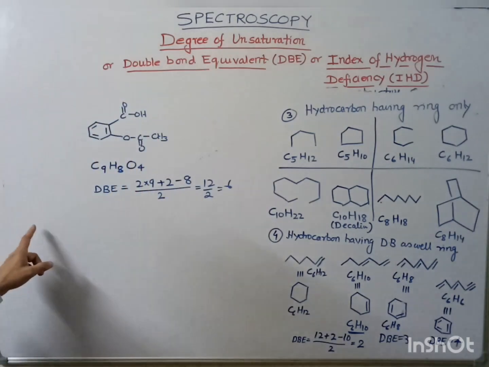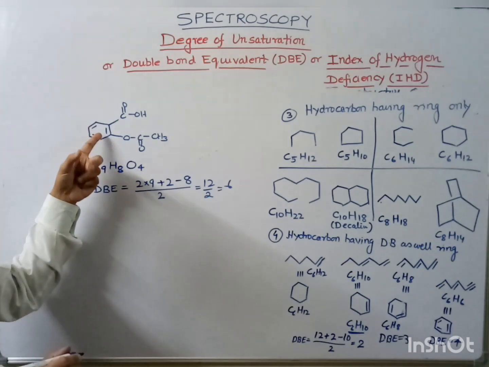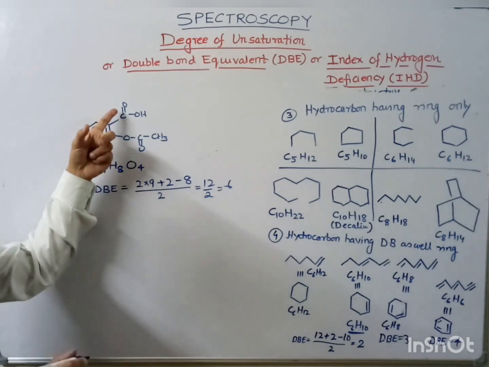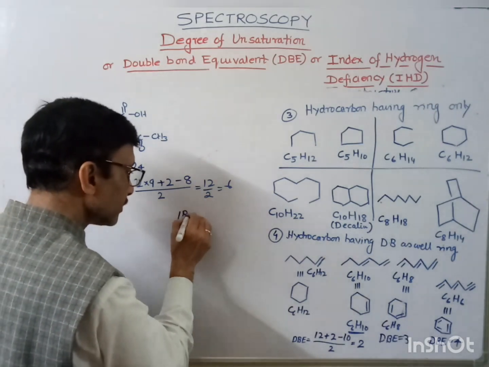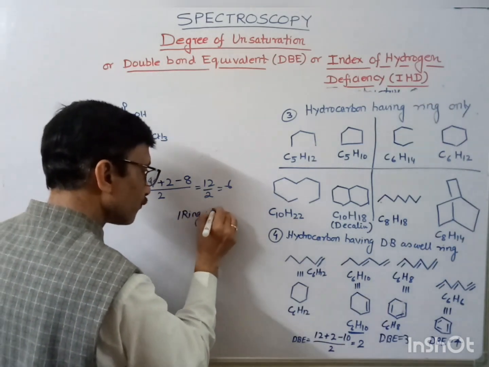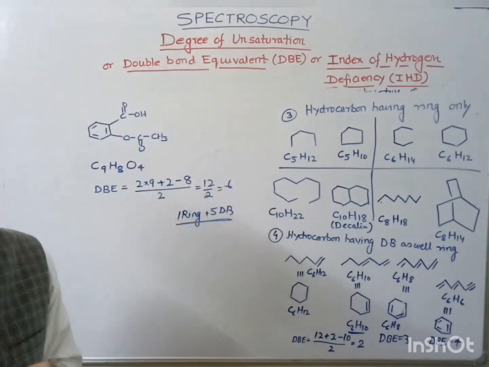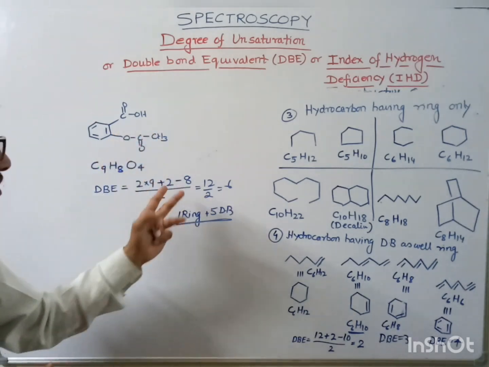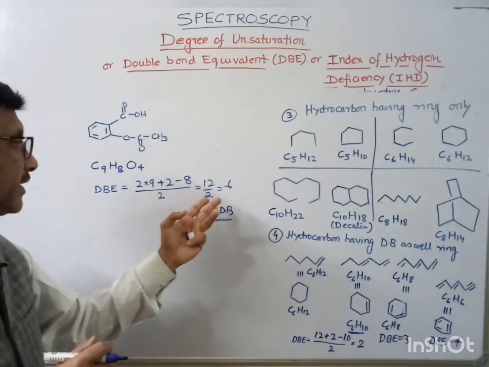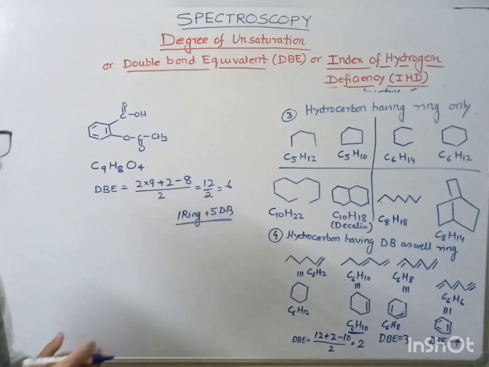This 6 corresponds to 1 ring and 5 double bonds. As you can see, we have not taken the oxygen in the formula, and without it we are getting the correct DBE value.